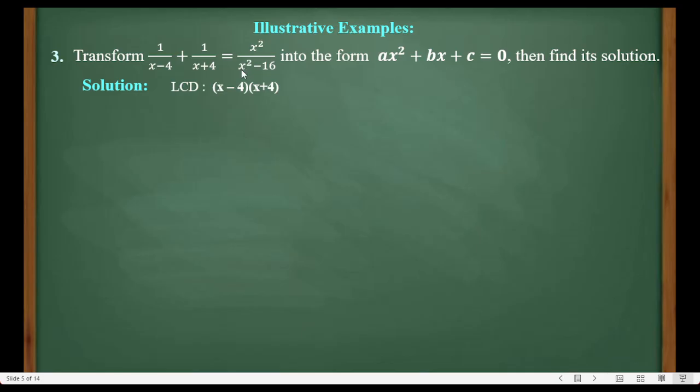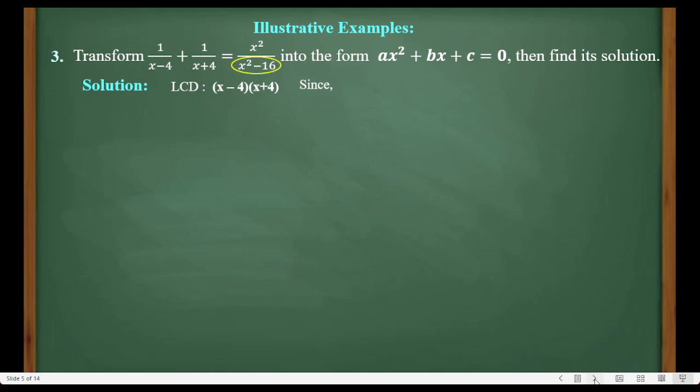Now, how come that we did not consider x squared minus 16? Actually, we just did. If we try to investigate this expression x squared minus 16, this is actually a special product which has a special factored form. And what is the factored form?